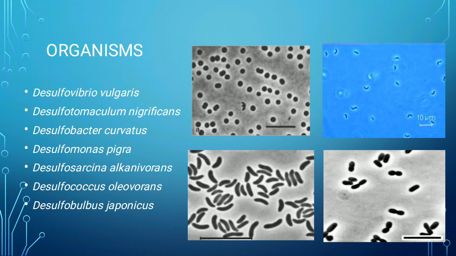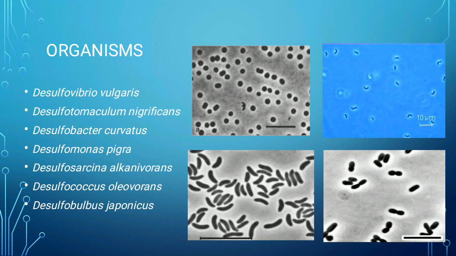So whatever I have listed here are organisms that are dissimilatory sulfate reducers, which means they reduce the sulfate, but they utilize it only as a terminal electron acceptor. Once they take the electrons from an electron source like hydrogen or an organic compound, they give them to sulfate, and in the process, as the electrons flow, they derive energy from it.